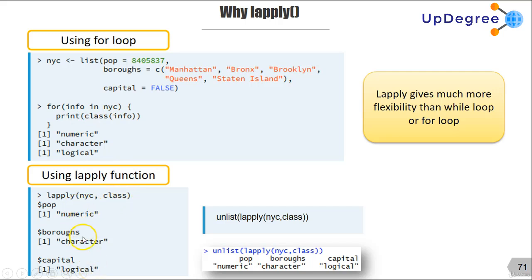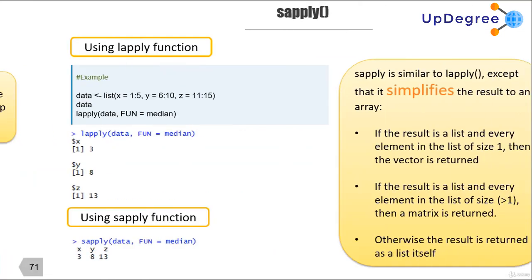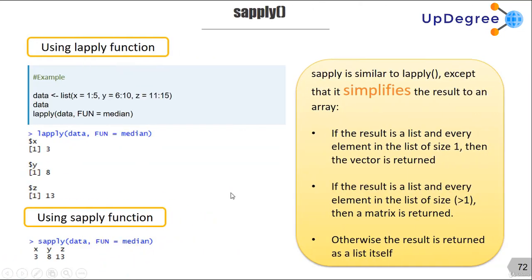Now if you don't want this kind of result, and instead want a result as a vector, then you have to call the function unlist and pass the exact same code, lapply, data, comma, function, and you would get it as a vector. That actually creates the platform for the next function, which is sapply.